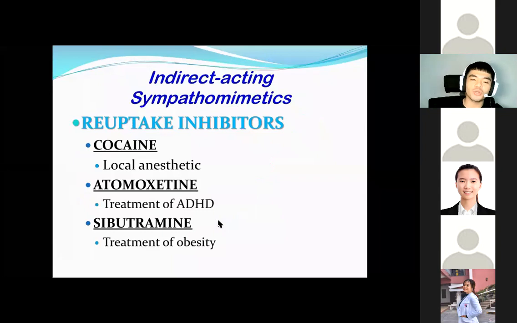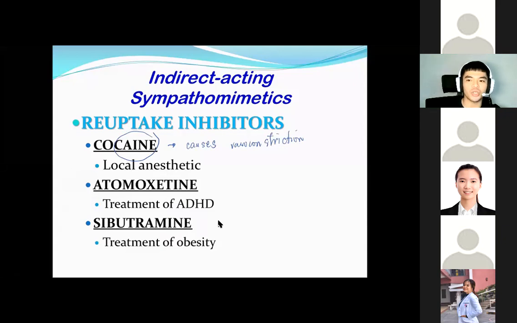For reuptake inhibitors, we have cocaine. Anong sabi ko pag nag-e-end sa cane? Local anesthetic. Okay? Ngayon, ang distinct characteristic ng cocaine, this is the only local anesthetic that causes vasoconstriction, because other local anesthetics can cause vasodilation.